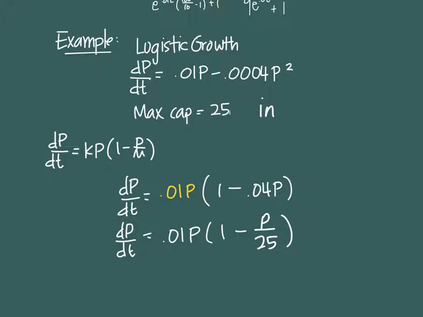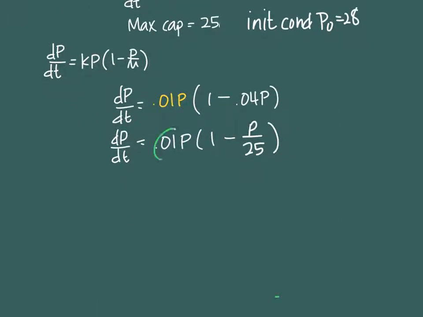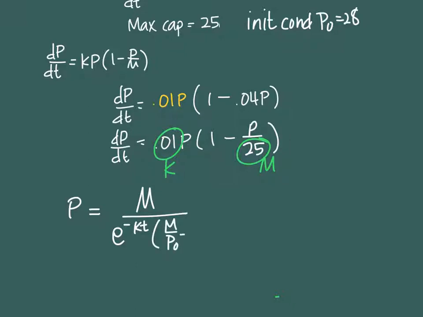So now I will say that the initial condition, P sub 0, is 28. So this is our K, this is our M, and we can jump right to P equals M over e to the negative KT times M divided by P sub 0 minus 1, plus 1.